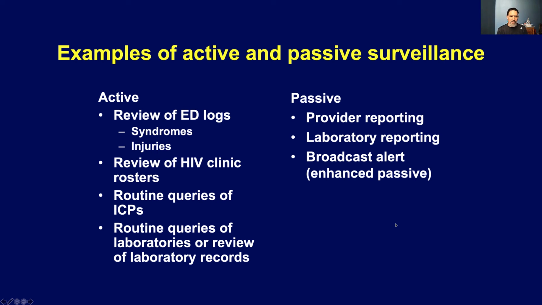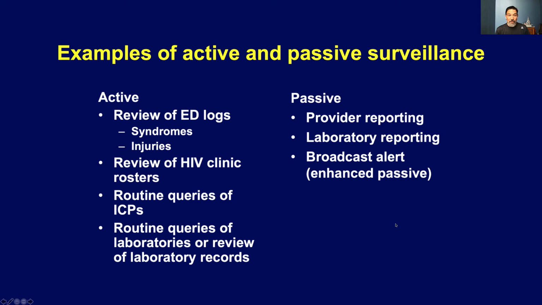They could be routinely querying infection control practitioners to see if there have been new cases diagnosed or identified, or routine queries of laboratories to see if there have been people that have tested positive recently. So in this situation, health department staff are actively looking in these areas to identify new cases of a particular event that's under surveillance.